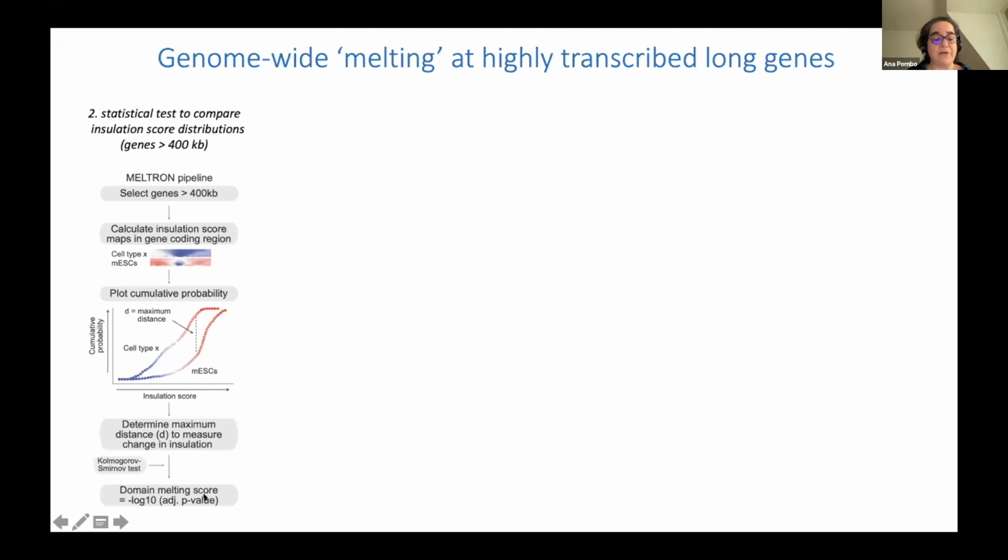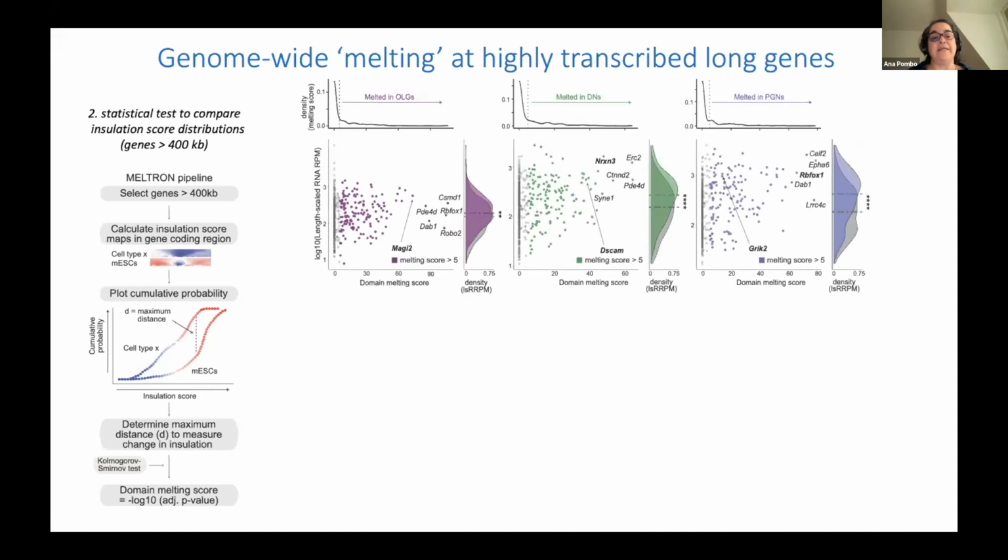We then use this p-value to calculate what we call a domain melting score. With this approach, we could identify all the genes in each cell type that are undergoing these events. And we can see that we find different genes with the highest melting score in different cell types, although some genes can melt in more than one cell type. You can see RBFOX here, and as well in the oligodendroglia.